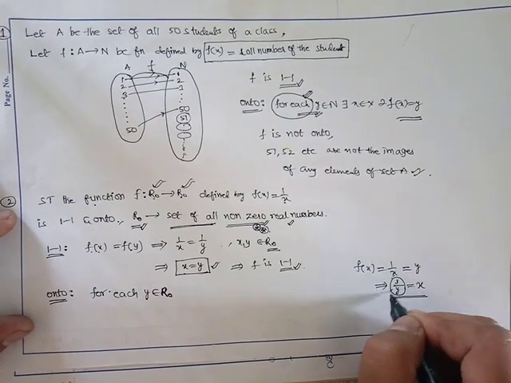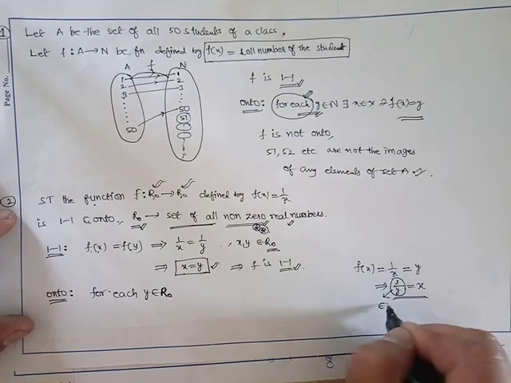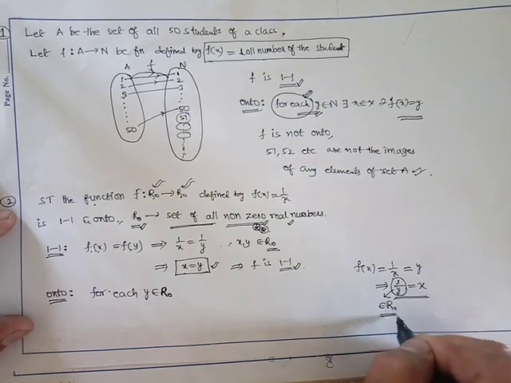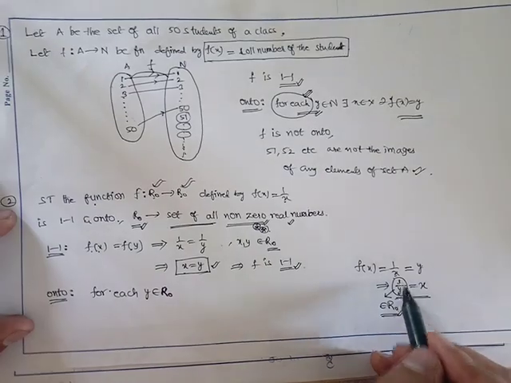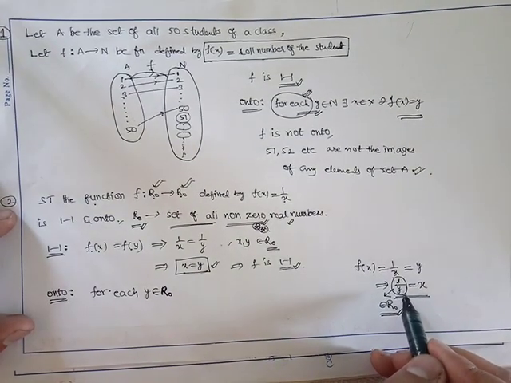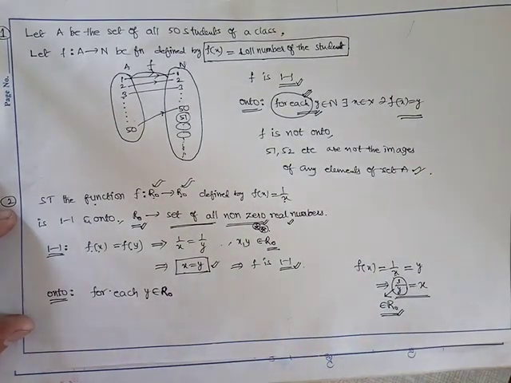This 1 by y can be taken as belonging to R naught. Yes, 1 by y will be defined for each y in R naught.